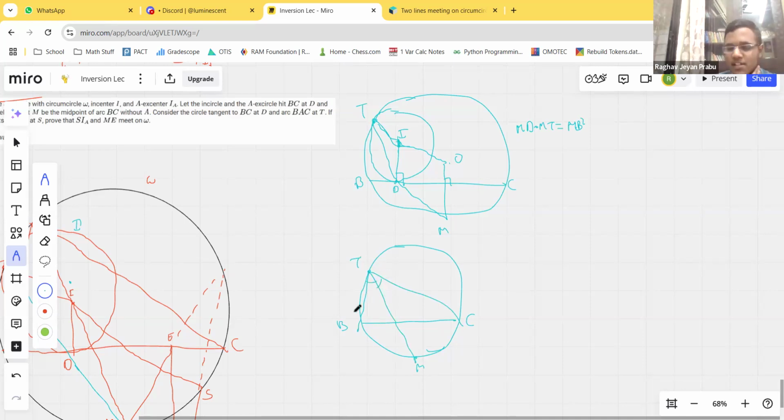So MT actually bisects angle BTC, which means that angle MTC will be equal to angle MBC. And if I call this point D, then you have triangle MDB similar to triangle MBT. You all agree with this? Because these two angles are equal and this angle is common.